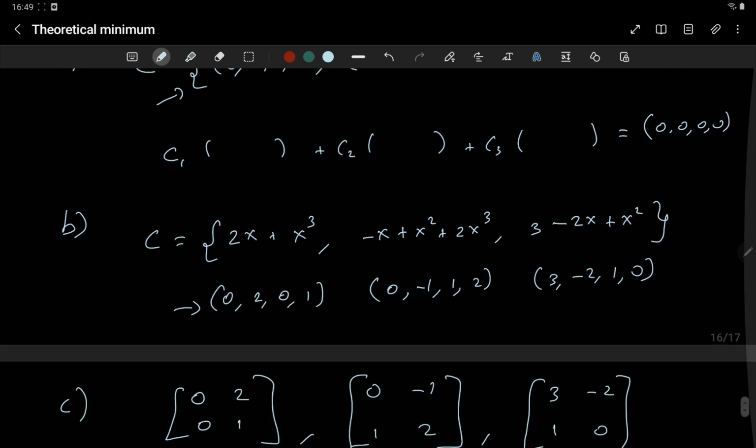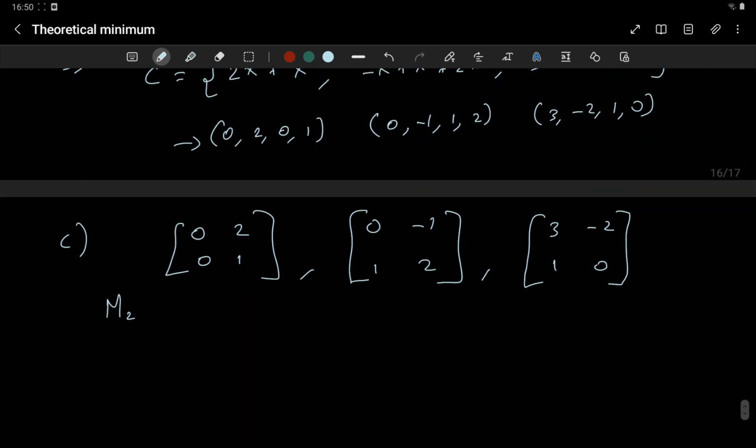And here, 1 is one basis vector, x is another, and x square, and x cube. Similarly here, what can I say? Because what is a basis? I should be able to represent any vector in M2 through that basis.